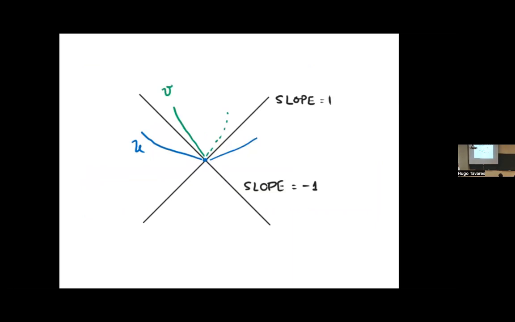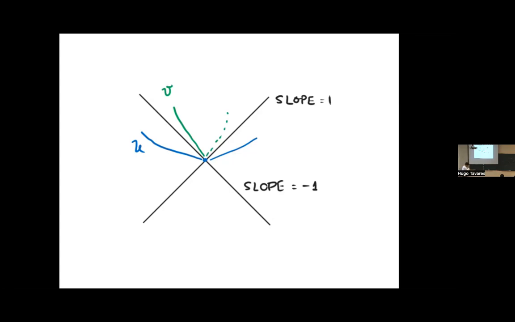So once again, U has to be trapped in this other region, and V has to be again above U. But that is going to imply that this line, which has slope -1, is touching V from below at the origin. That's a contradiction because V is a super solution of the eikonal equation, so its gradient has to be larger than 1.